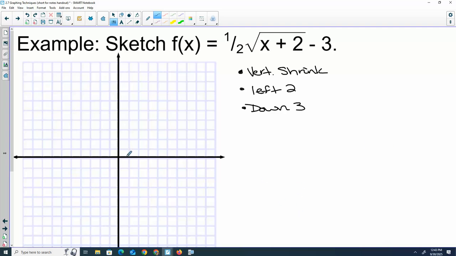So I'm starting with my square root graph. Square root of 0 is 0. Square root of 1 is 1. Square root of 4 is 2. Will my vertical compression change my x or my y?